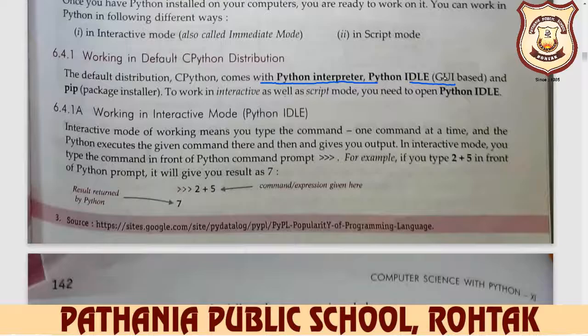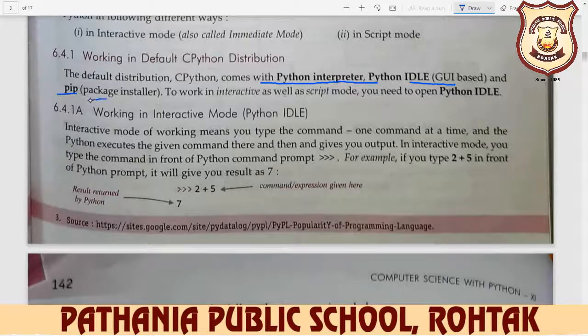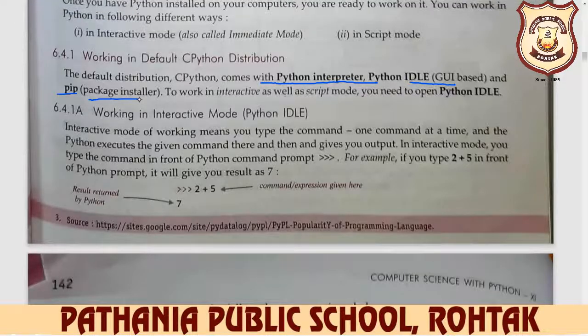Two types of platform are there. One is CUI, character user interface, and second is GUI, graphical user interface. This is your window based platform. And PIP stands for package installer, to work in interactive as well as script mode.